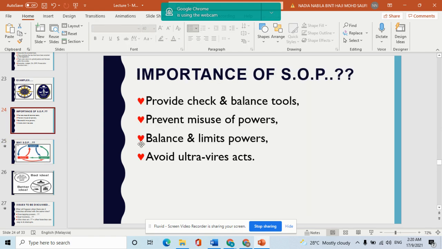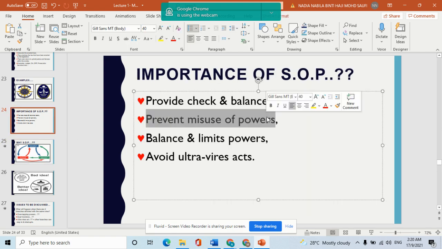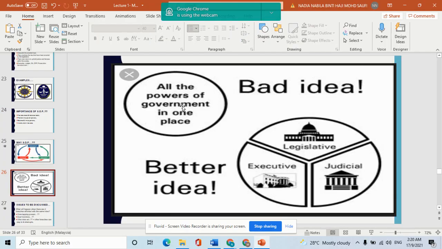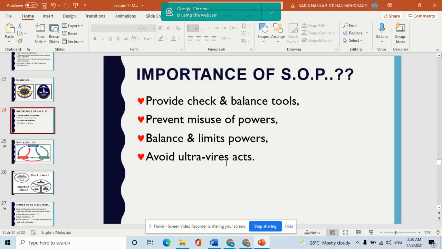Second, to prevent misuse of powers. If all powers are allocated at one place, misuse of powers would definitely happen easily. However, if it is separated into different categories or different areas of work, it is very difficult for misuse of powers to happen, because the power is not centralized into one place.